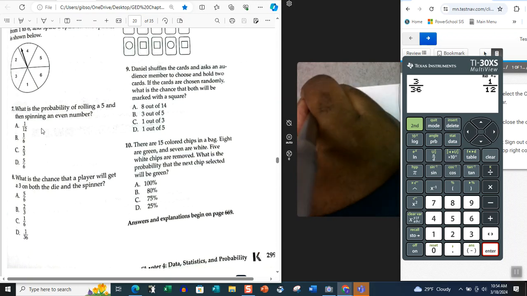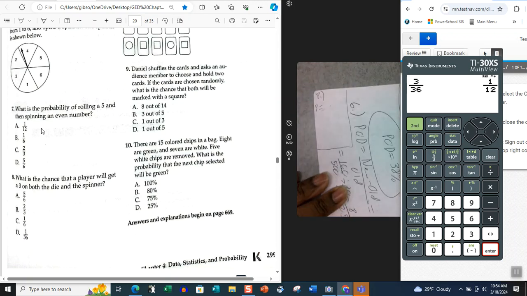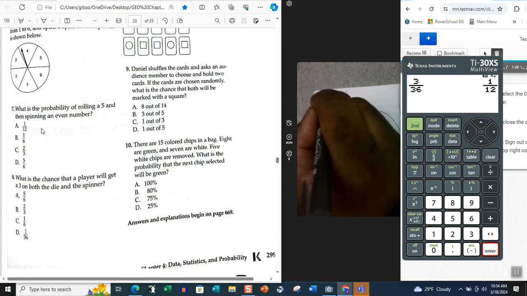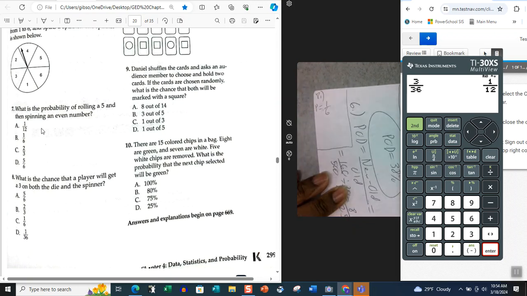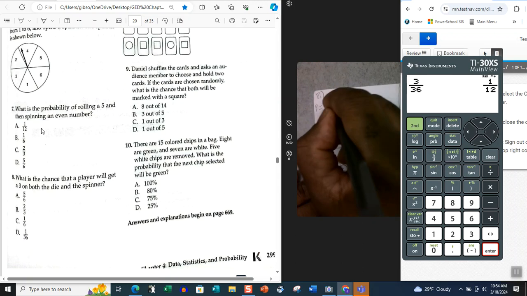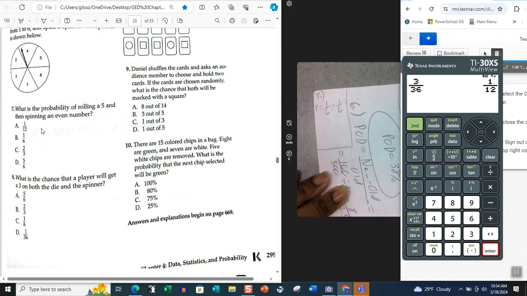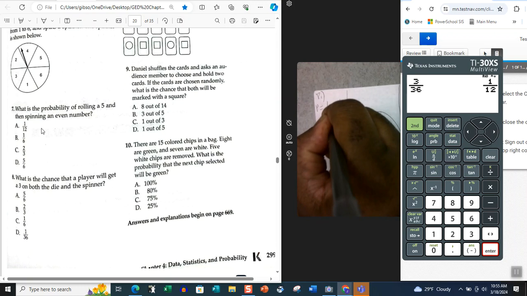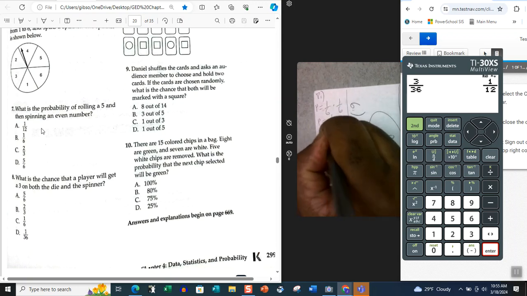So we have a probability of a 3 on a die. So that would be 1 over 6. And then a 3 on the spinner. That still would be 1 over 6. So we will multiply 1 over 6 times 1 over 6 is 1 over 36, which is D.